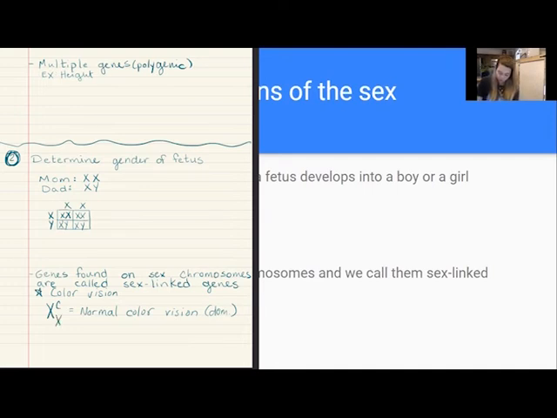Meanwhile, if we have X lowercase c, and again, when you're doing a Punnett square, try to use letters that look different as a capital and a lowercase. C is not one of them, but it's the example in your book, so I'm going to use C for now. X lowercase c is going to code for color blindness.